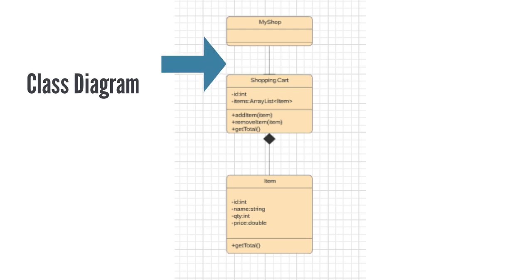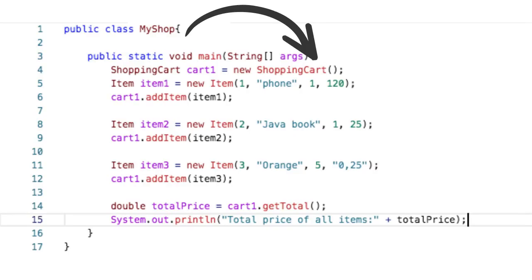The first relation between MyShop and the ShoppingCart is represented with an association. And the second relationship between the ShoppingCart and the Item can be represented by a composition. In every class, the variables are declared first and then the methods. Private modifiers are shown with a negative symbol and public modifiers are shown with a positive symbol.